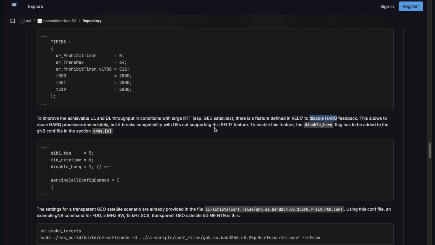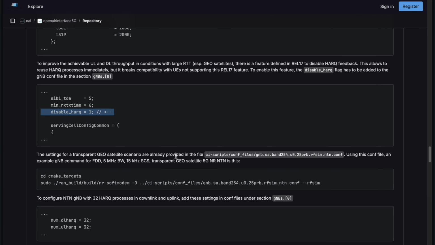So we need to use this feature, disable HARQ. This will basically help us to increase the uplink and downlink throughput. So please make sure that you are using a UE which supports Release 17 features, otherwise this feature will not work. And to enable this feature, we simply need to use this value. And the configuration file is already available here.